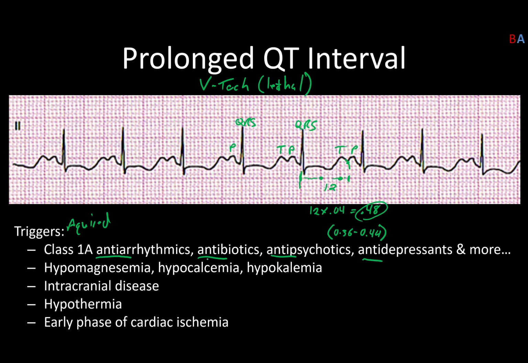And what makes this particularly dangerous is when you have multiple medications that actually stack on top of each other and can make things much, much worse. So you can take someone who normally has a healthy QT interval and stretch it out by giving them these different medications, which then leads them to present with these types of problems.